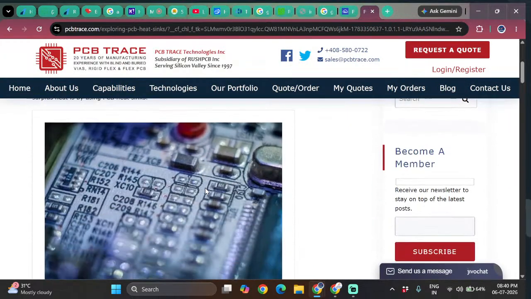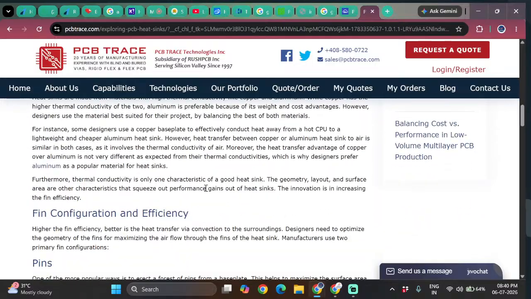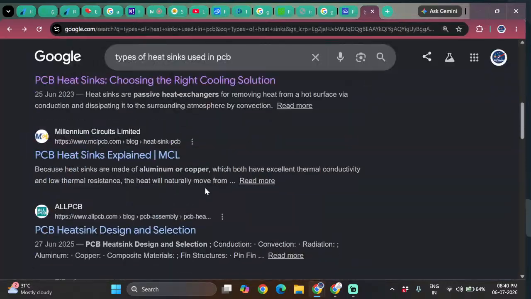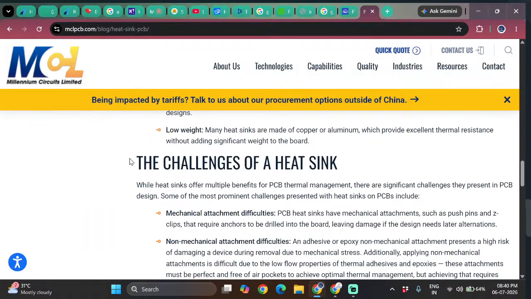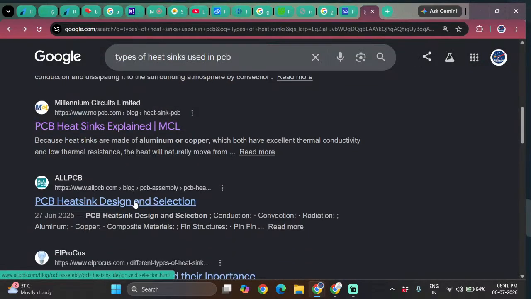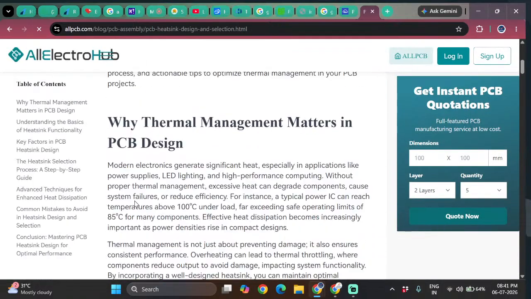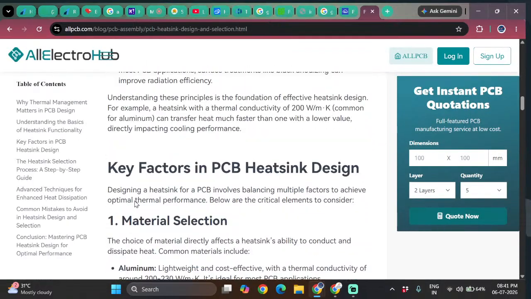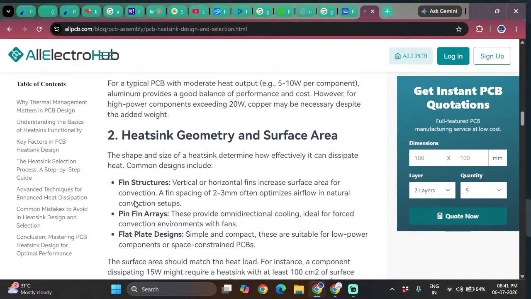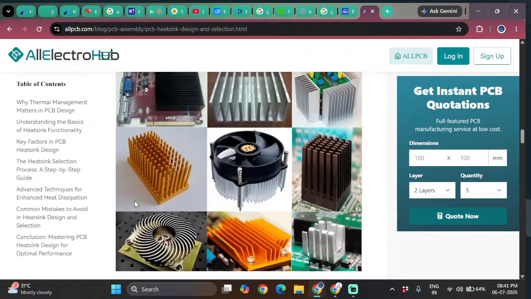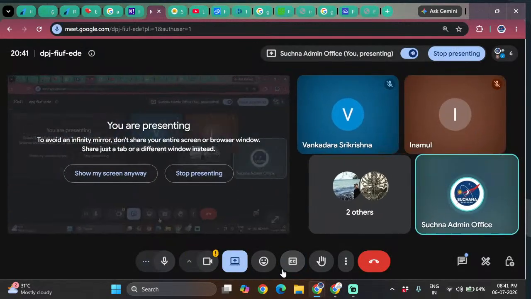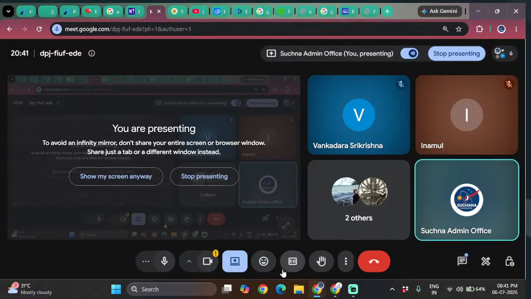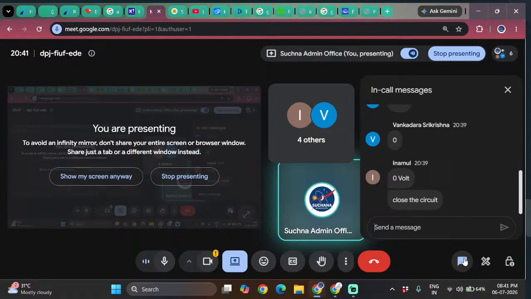I know a few people are already doing that. In any PCB, why should we use a ground plane? That's your assignment for today, so everyone should work on it. And someone posted something in the chat box.